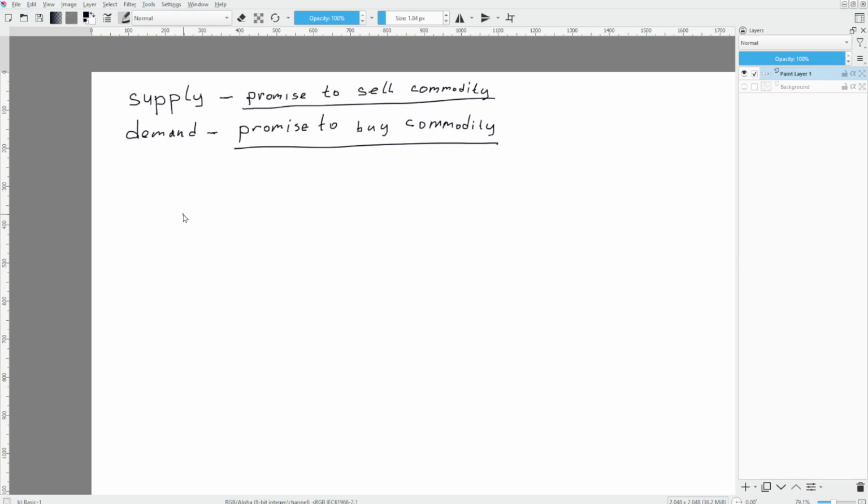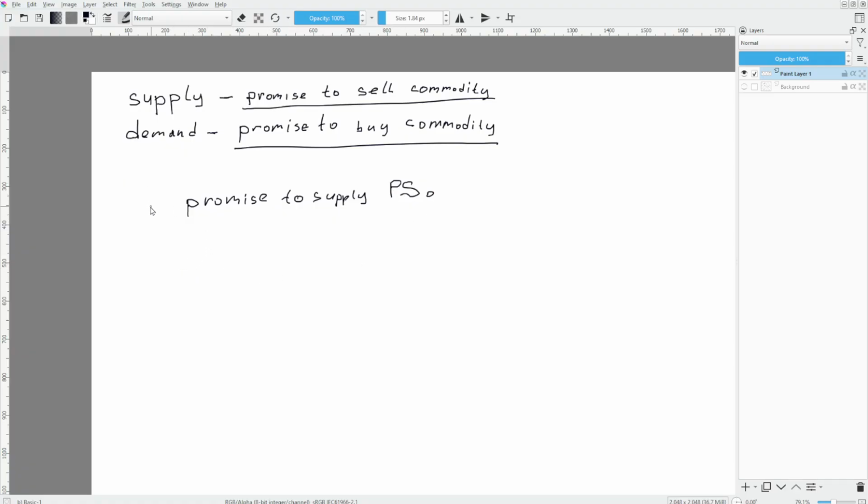Suppose that we know that we have supplied a certain amount of goods, or we have demanded a certain amount of goods. Let's start with supply. We know that there was a promise to supply, for example, equal to PS0.